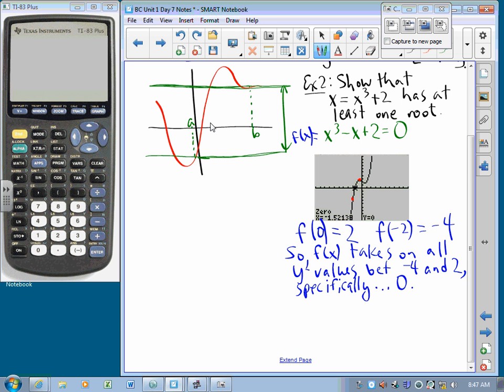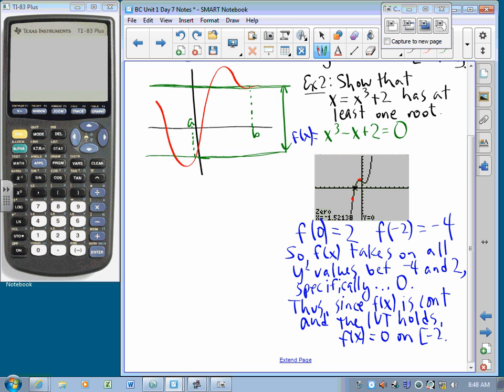Because f of x takes on all those y values, it takes on 0. Because of that, since f of x is continuous and the intermediate value theorem holds, f of x equals 0 somewhere on negative 2 to 0. Now the downside is we don't know where it hits between negative 2 and 0, but we know that it hits at least once. Could hit more than once, but we don't care because we're just looking to find that it has at least one root, and we have done the job.